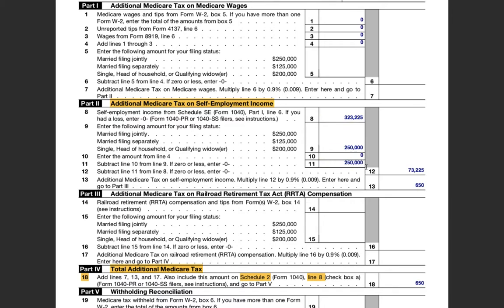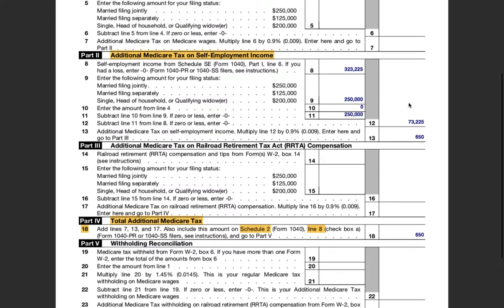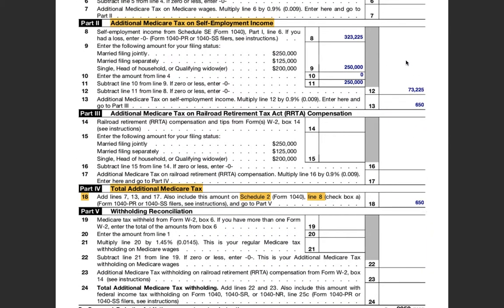The excess amount is 73,225. Then you multiply this amount by 0.9%, which gives you the additional Medicare tax. If you have anything else, you would add them together, but you don't have anything else. You just have $659. So this is the additional Medicare tax.